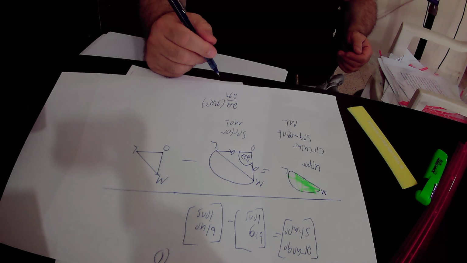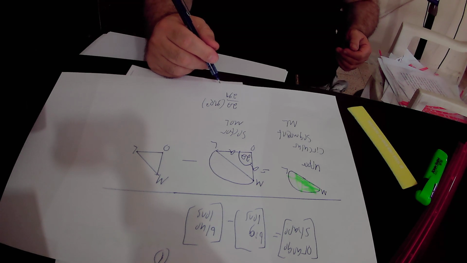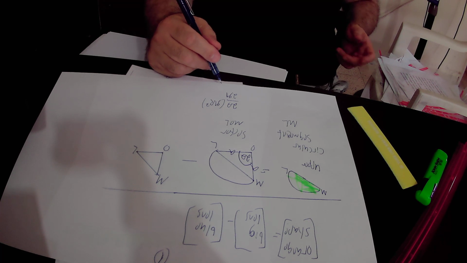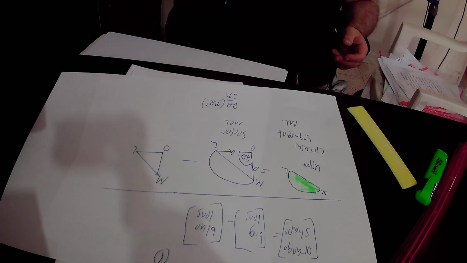I'll remind you that 2 pi radians is equal to 360 degrees in terms of degrees. 2 pi radians is 360 degrees, that is the full angle of the whole circle.